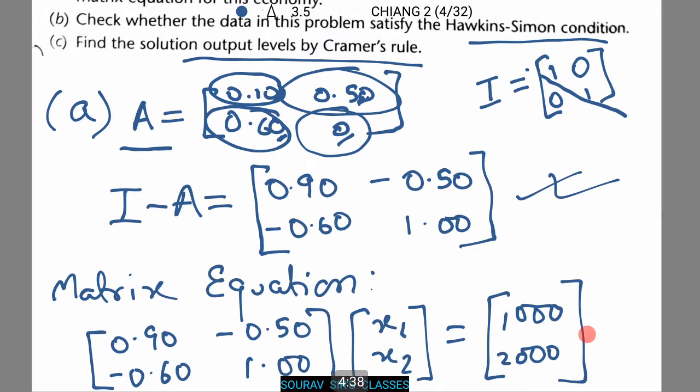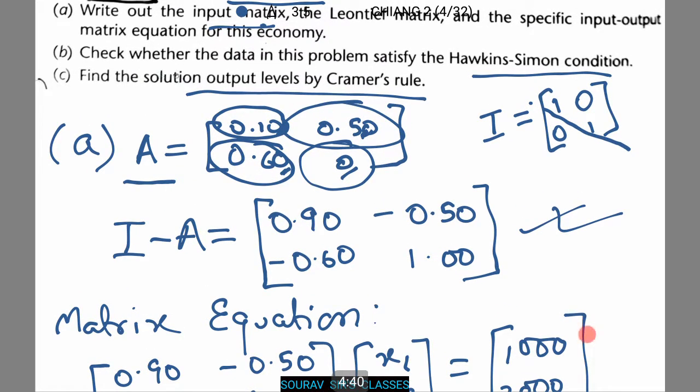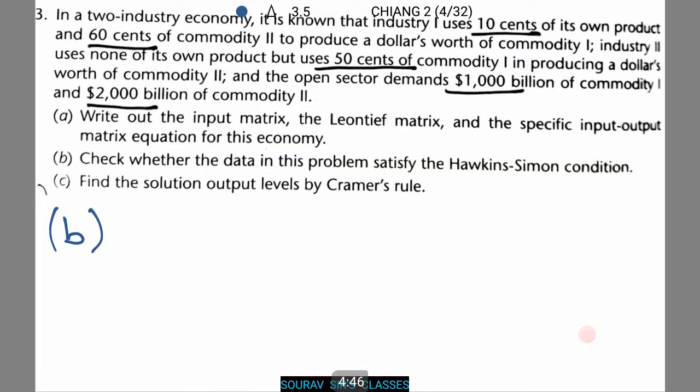Now we'll be doing part B, to check whether the data in this problem satisfies the Hawkins-Simons condition. Let's begin. For the Hawkins-Simons condition, we need to find the principal minors of the Leontief matrix, that is beta 1 equals 0.9, which is greater than 0.